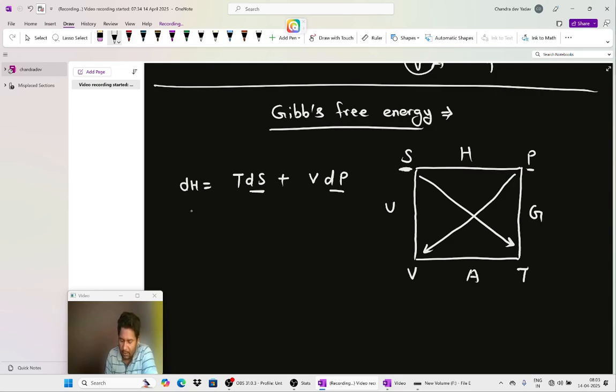Clear? And entropy and pressure. Pressure we can change in the lab by external devices, but we can't control the entropy change externally.